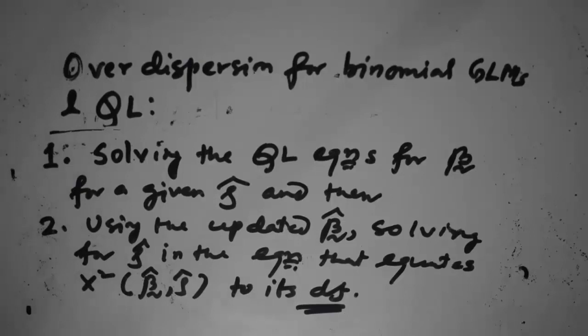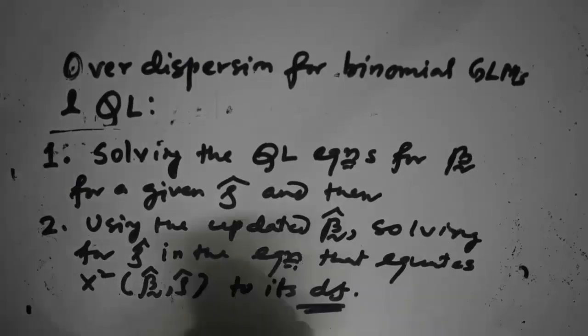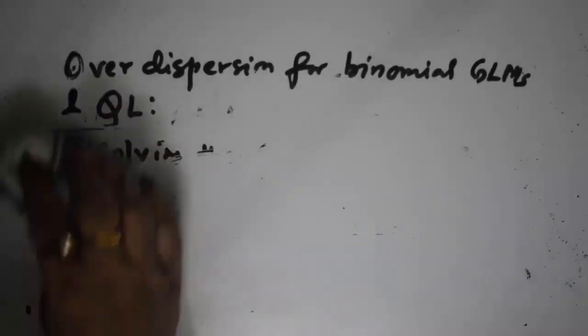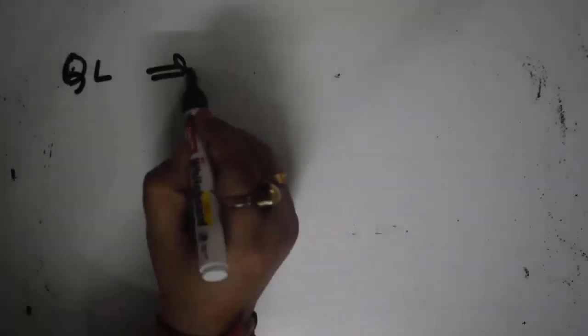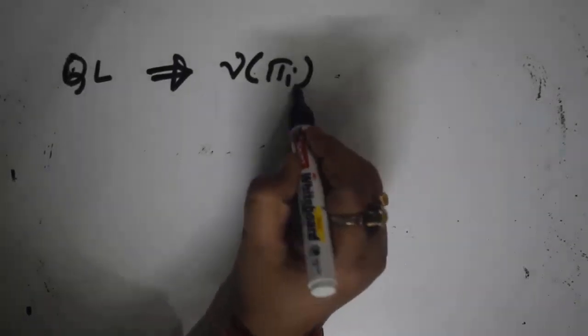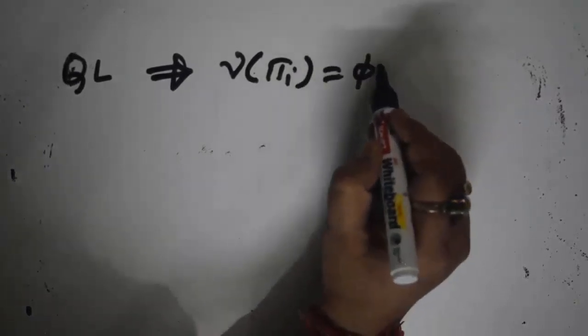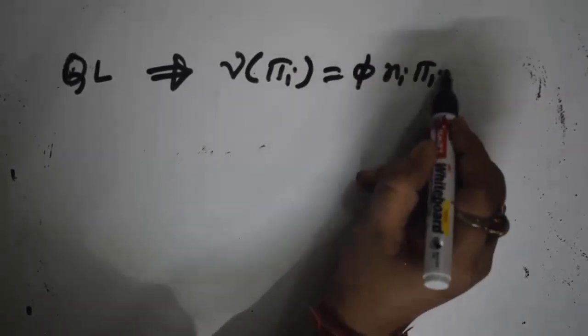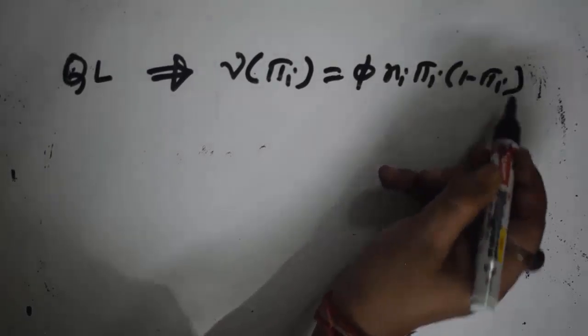An alternative quasi-likelihood approach uses a similar variance function, nu of pi i, equal to phi ni pi i (1 minus pi i).